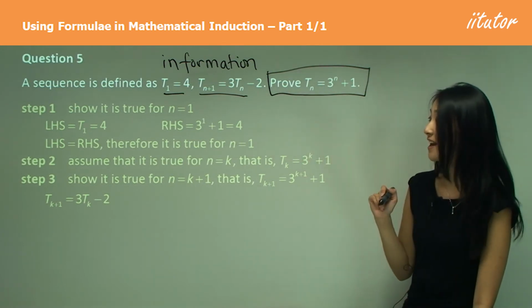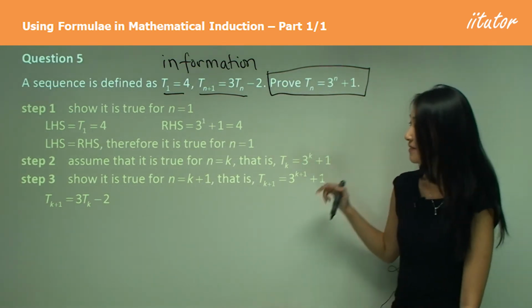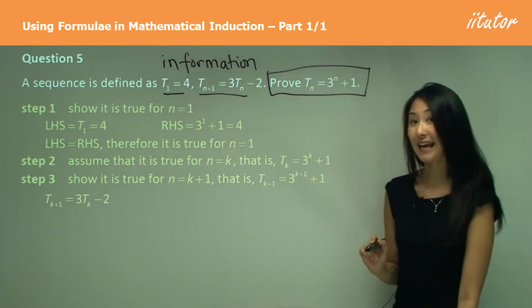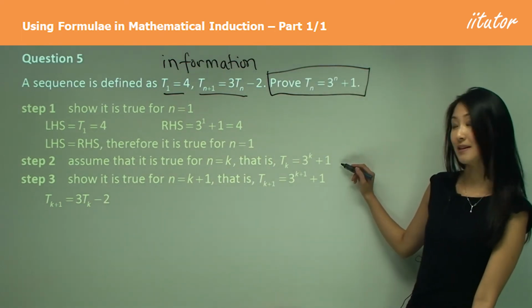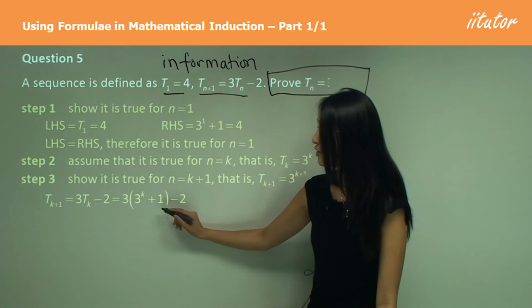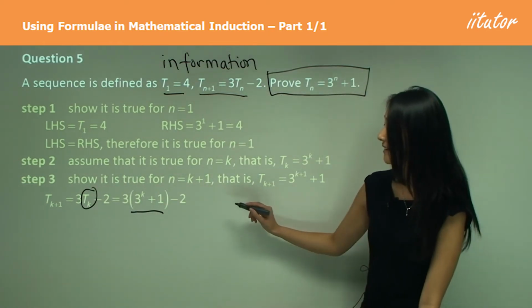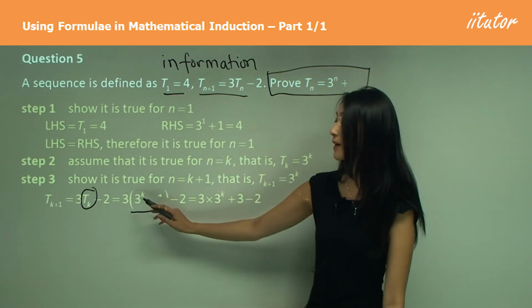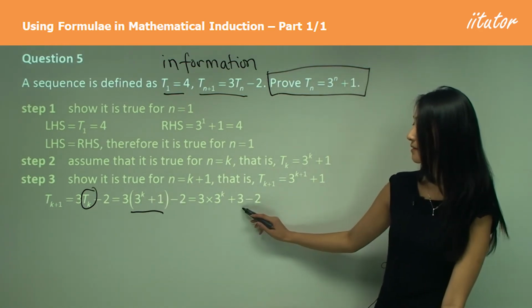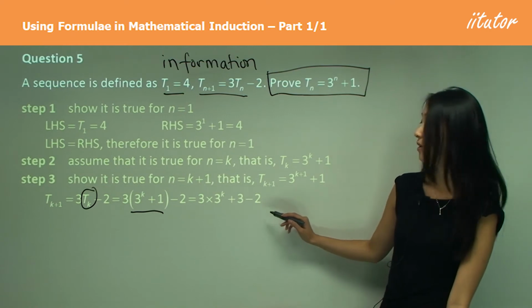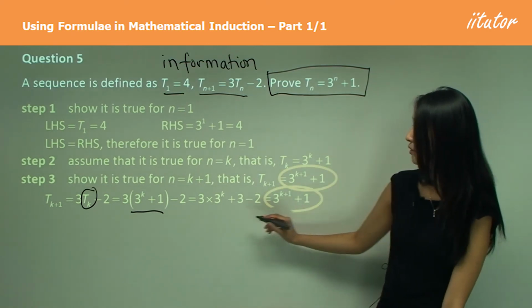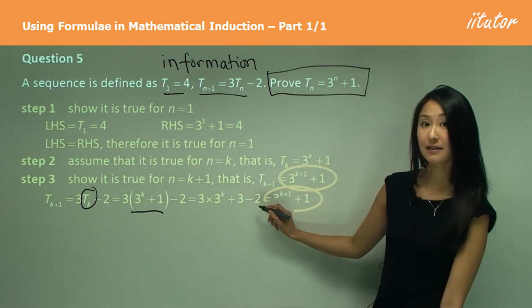And now is when I use the assumption, which is substituting tk for 3^k + 1. So I've just substituted this for this over here. And I can just expand that, and that's going to be 3 times 3^k plus 3 minus 2, which equals 3 times 3^k plus 1.